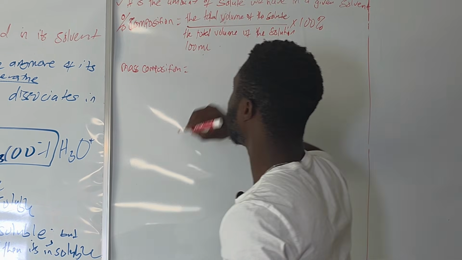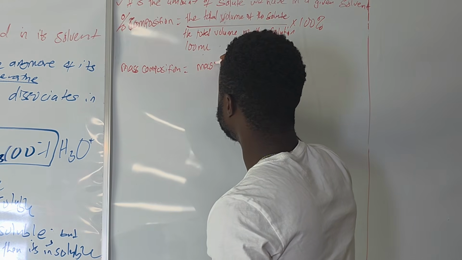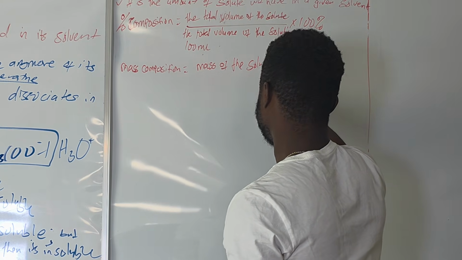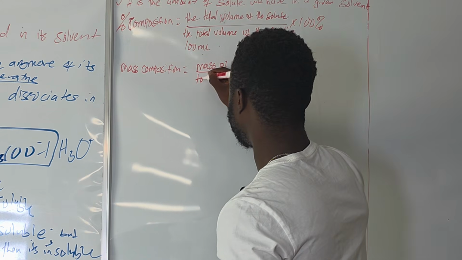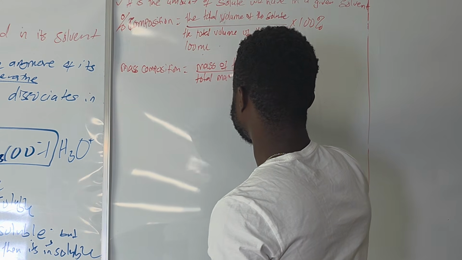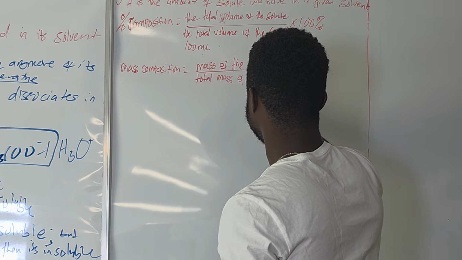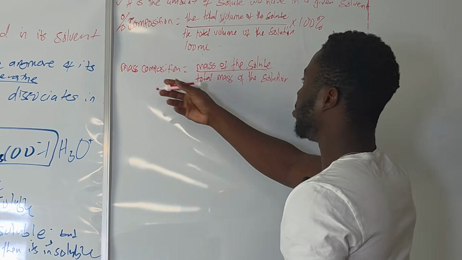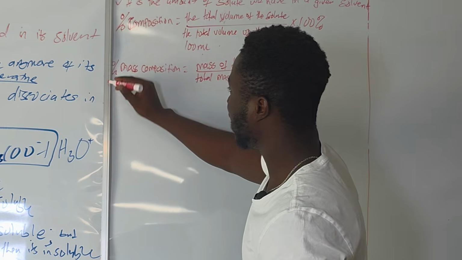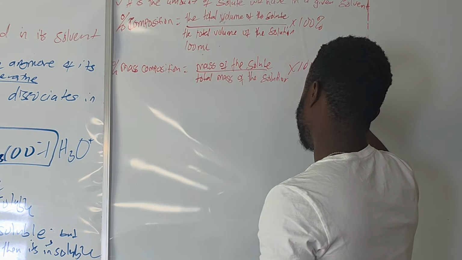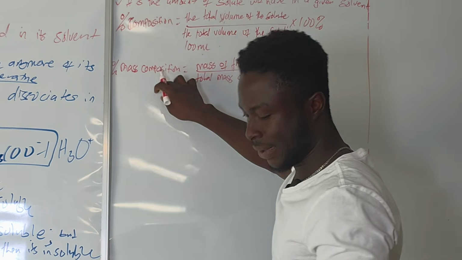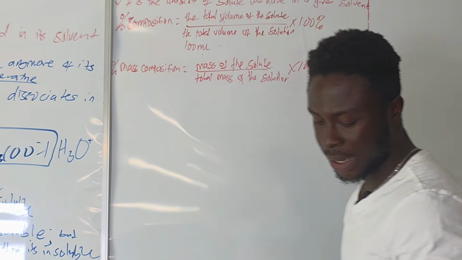So the mass composition is the mass of the solute, once again, divided by the total mass of the solution. Now, if they want it in percentage, if there is a percentage mass composition, then you multiply by 100%. This and that work hand in hand.